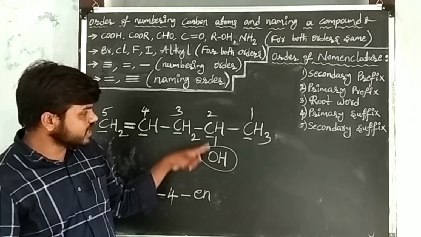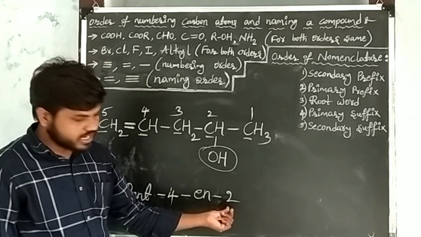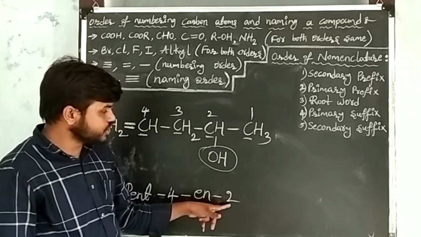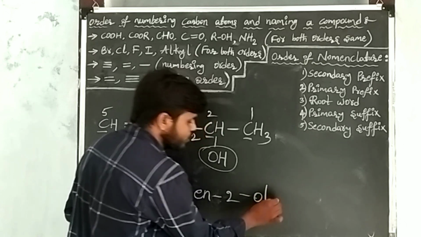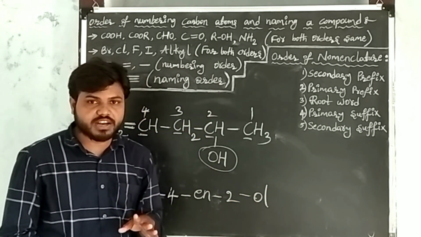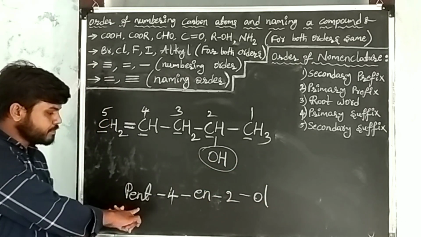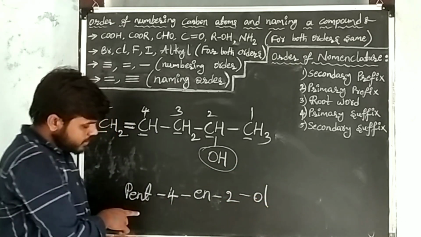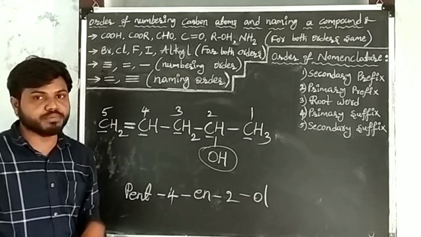The position of alcohol is 2nd carbon. I written position. After writing position, write the suffix of alcohol, that is ol. Now this is our required IUPAC name, that is pent-4-en-2-ol. Pent-4-en-2-ol is the IUPAC name of the given carbon compound.